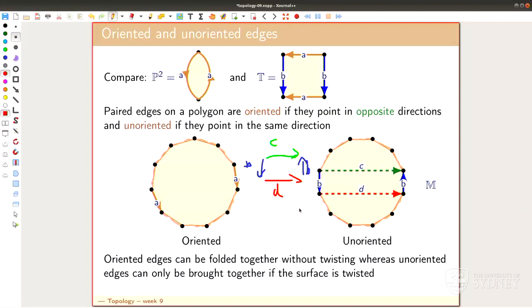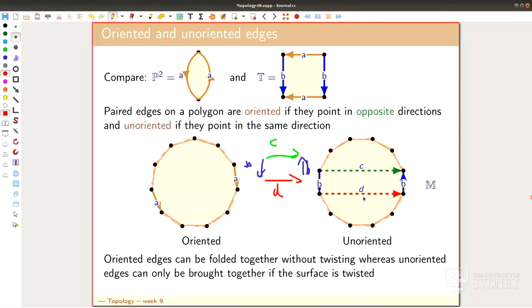In particular, as soon as you see an unoriented pair, the surface is not orientable, hence the name unoriented. So every unoriented pair says that there's a Möbius strip somewhere in your surface, just by doing this little picture trick. So already, very good.